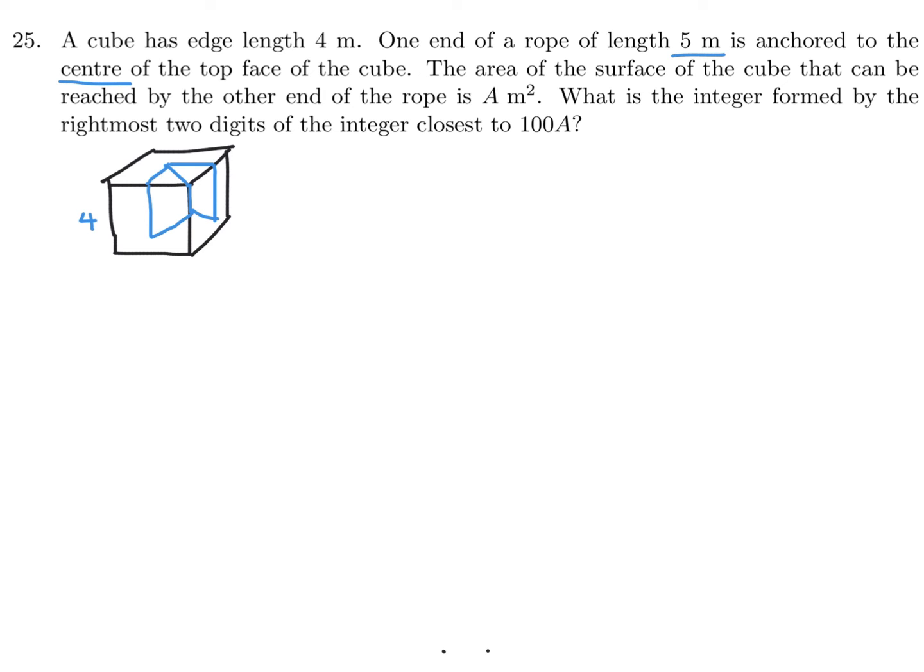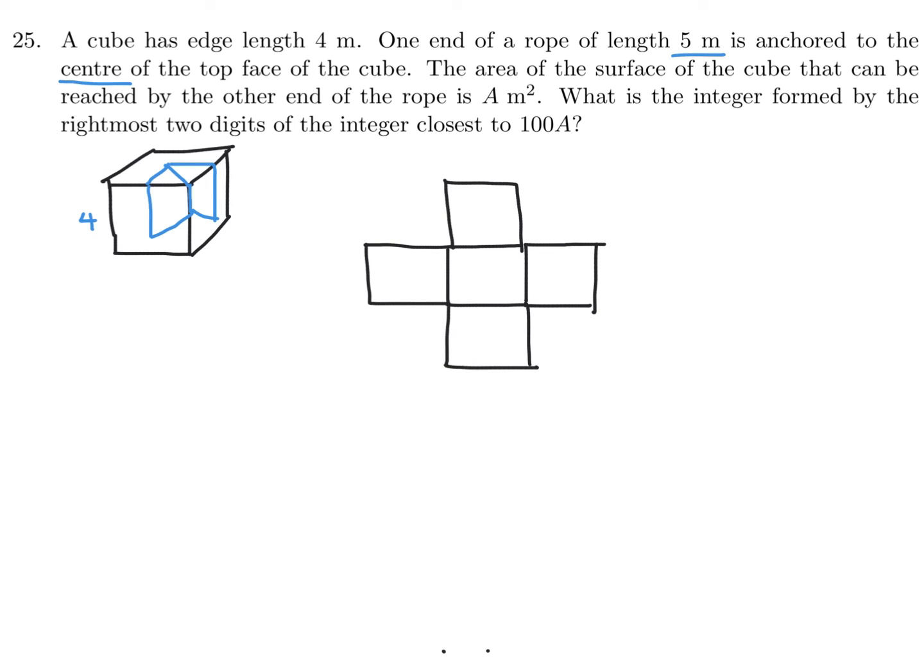Now, I think it's easier to understand it if you open the cube up. And so let's just make this the top face, and then we'll put in the other faces like that. And I think it'll be easier to understand.